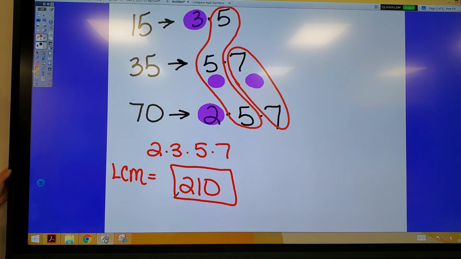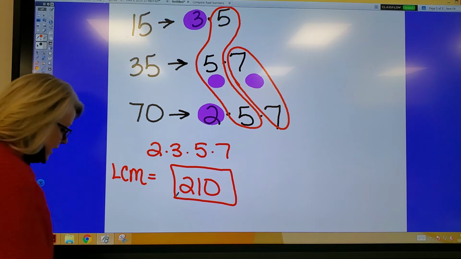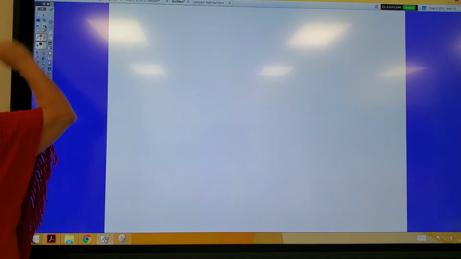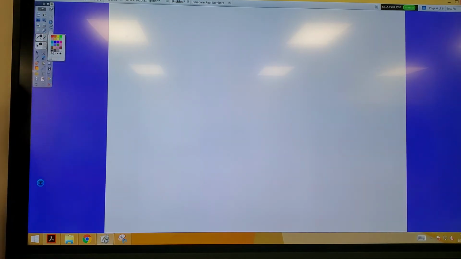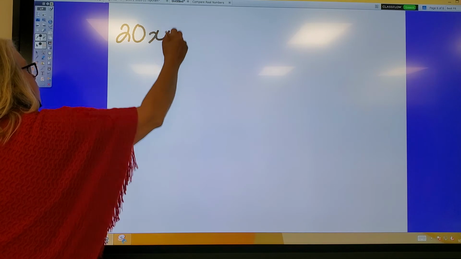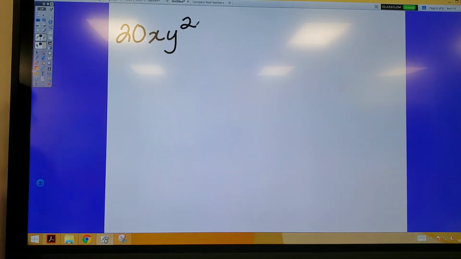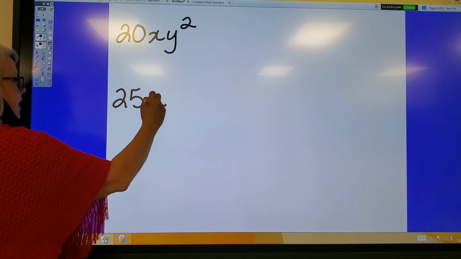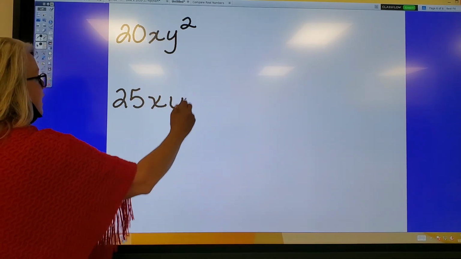Okay? Ready for monomials? Okay, so the monomial part does not make it any more difficult whatsoever. Our first monomial will be 20xy squared. And our other monomial will be 25xy cubed.